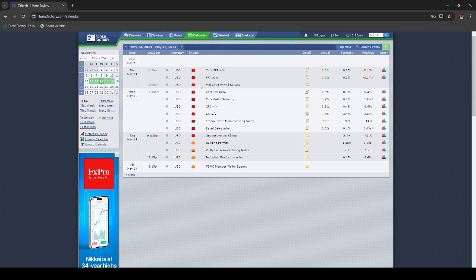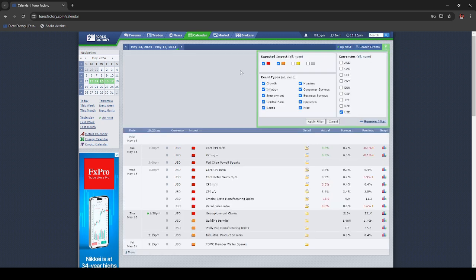Another thing you want to take note of is you don't want to consider all the news. In order to do that, you go to this filter logo here. You click it, then you can see expected impact.